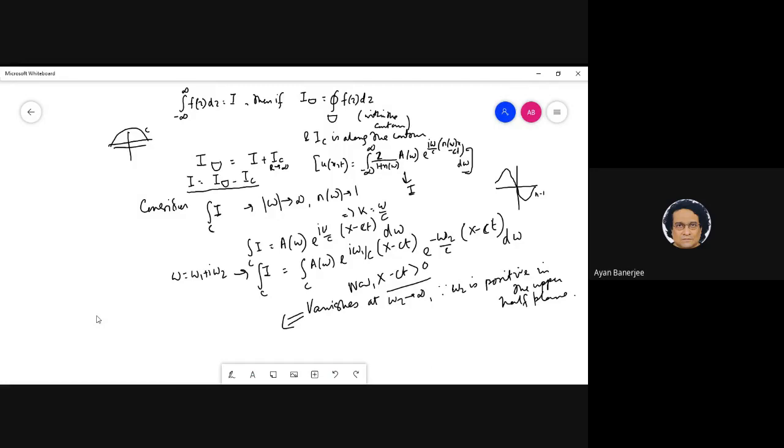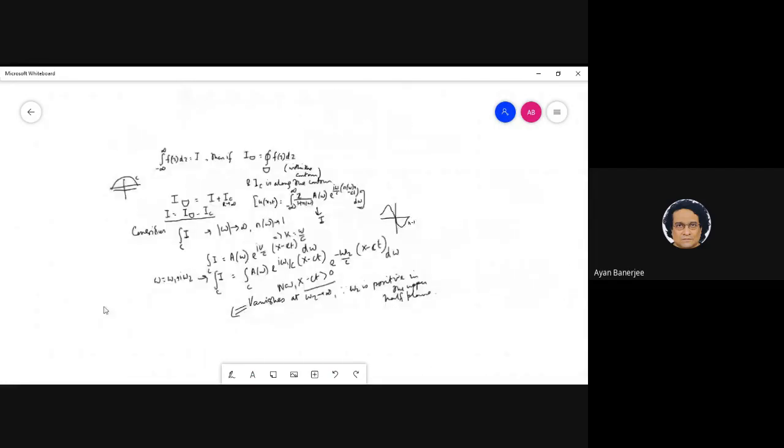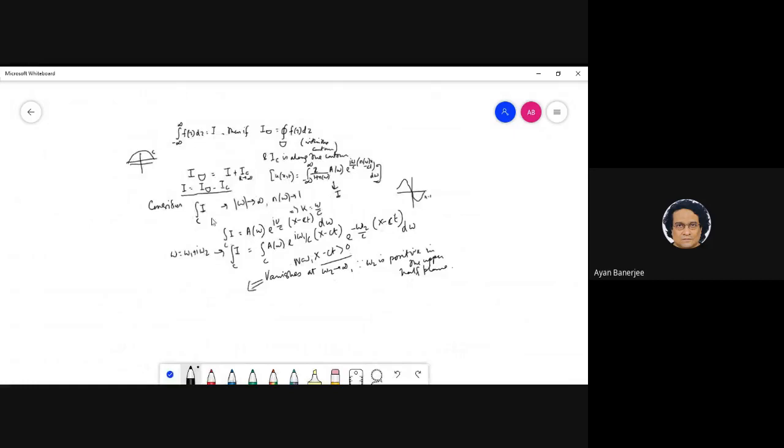let me again make this a bit shorter. So this basically implies that, obviously, your minus infinity to infinity I is this one. And what is this?